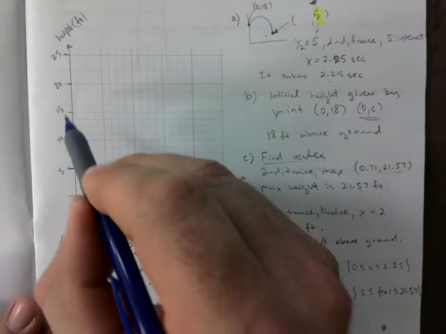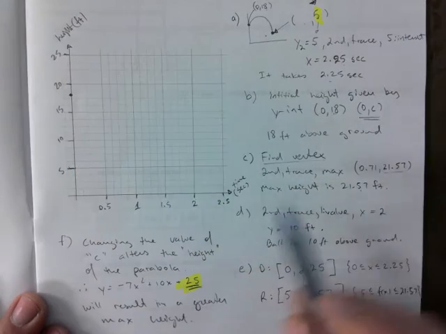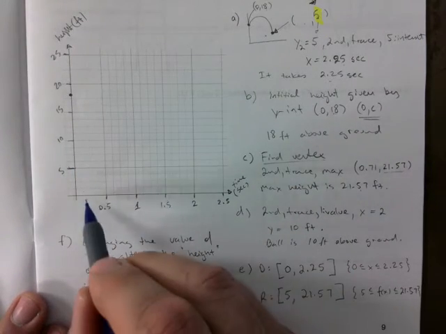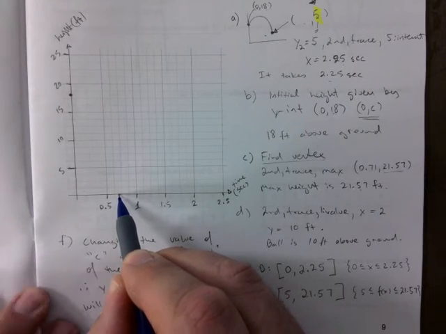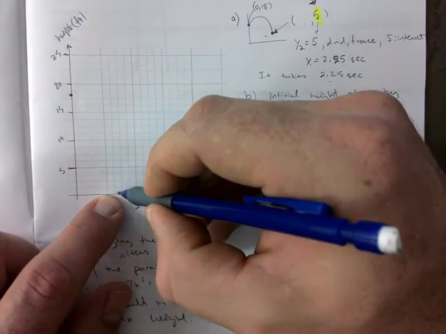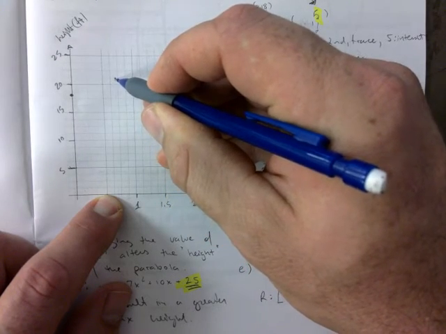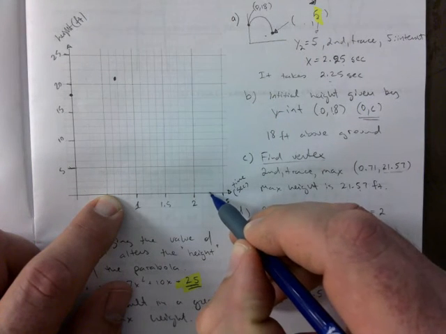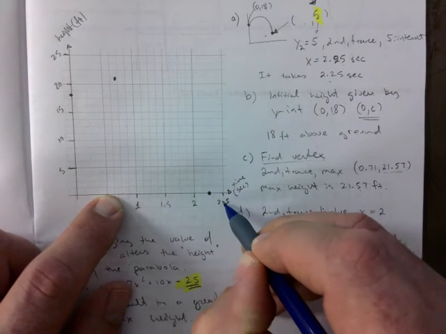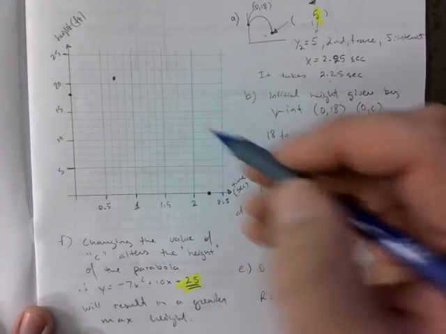Plot our points. 0, 18 is right about there. And the vertex is at 0.71, so this would be 0.75. So I'm just going to be shy of that and go up to 21. Right about there. That's my vertex, and then 2.25 is right about there, between 2 and 2.5. So certain points you can find the exact location, right?